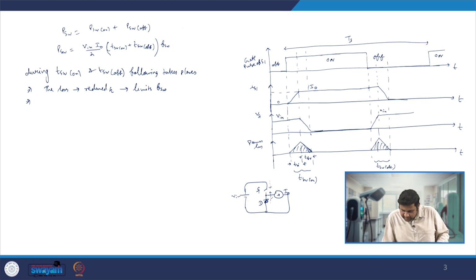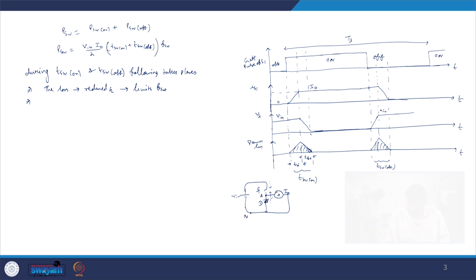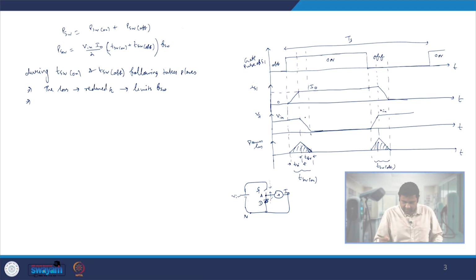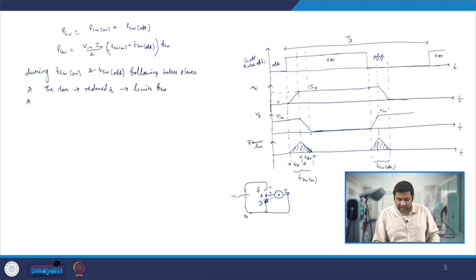And at that point, if you mark the output of this bridge as point A, and let's say this is point N, then if you draw this VAN, what you see is that VAN will start having V in voltage.